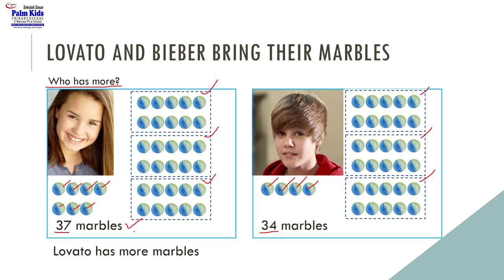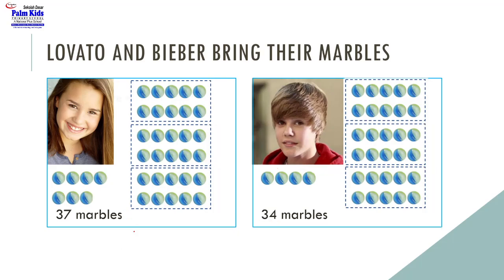Now, what happens if the question asks you something like this? How many more does Lofato have? If they ask you how many more, you need to find the difference, which means you have to subtract the smaller number from the bigger number.